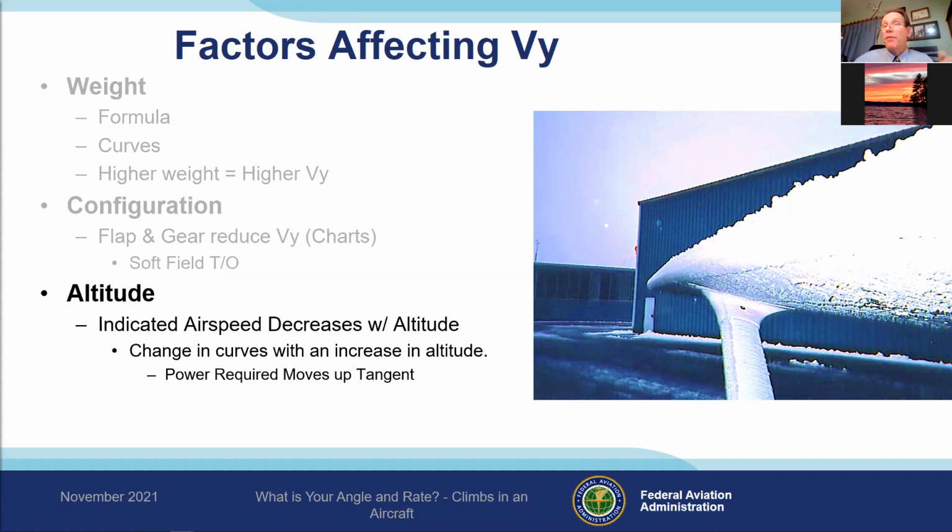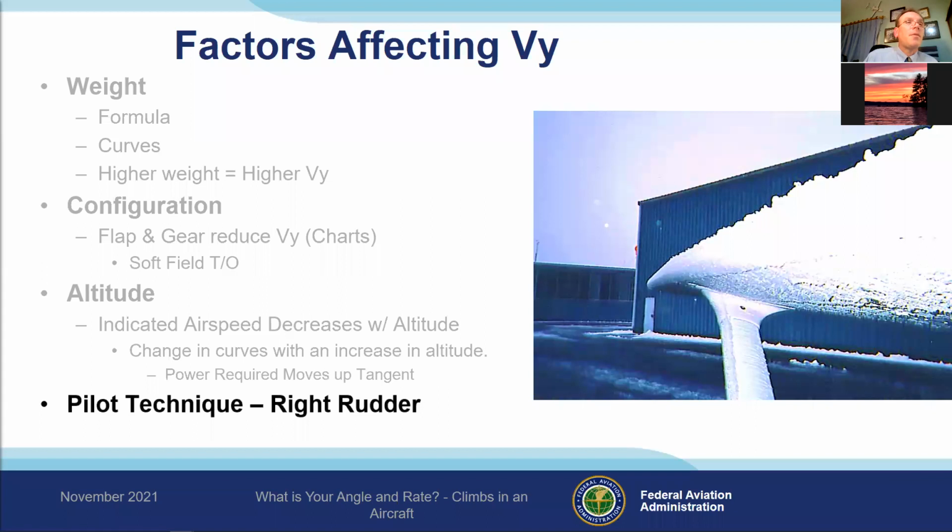And instead of only being a 4-knot span, maybe a 10-knot span. It may go, say, from 70 to 60 knots or whatever. And that's partly because, looking at true airspeed measurements, the power required curve, as we gain in altitude, will end up moving what's called the tangent.